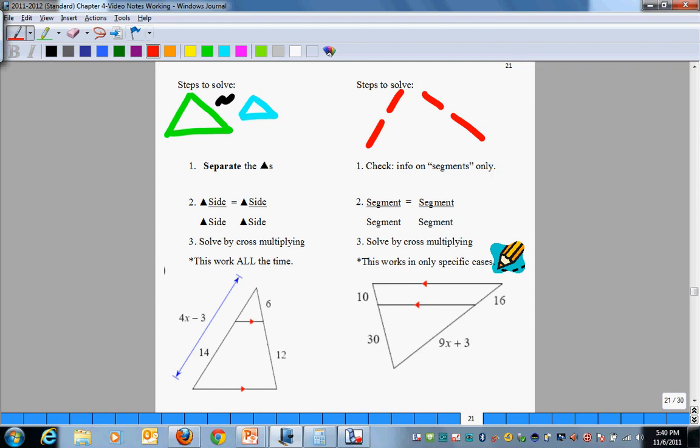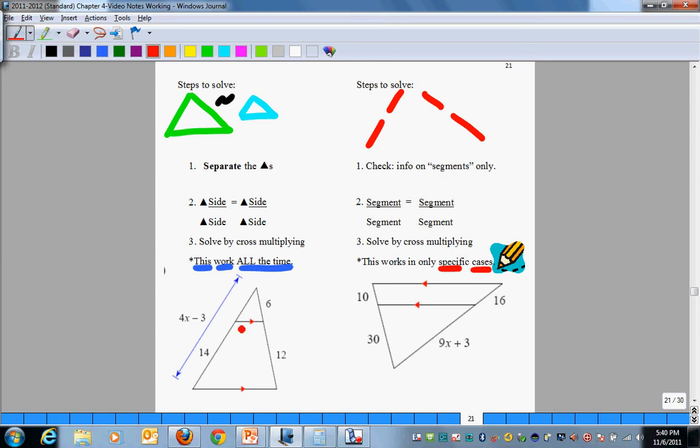Now, the trick is, when do you use which scenario? The one on the left, you can always use in every scenario. It's a one-size-fits-all method. The one on the right, be very careful, it only works in specific cases. It only works when the information is strictly on the segments only. That's the non-parallel segments.